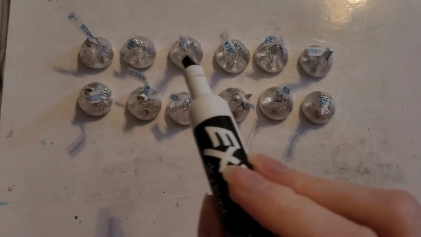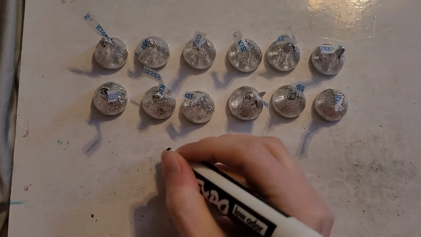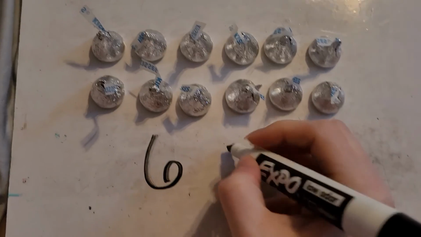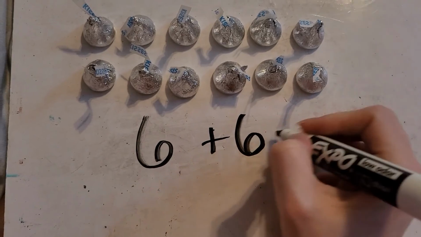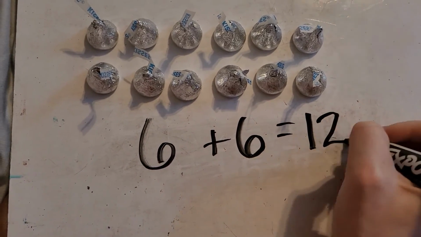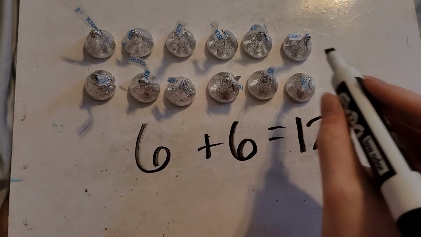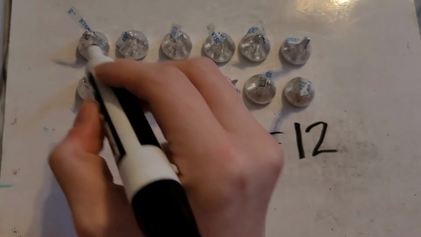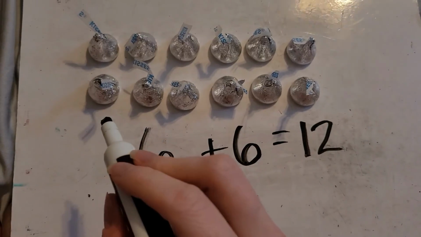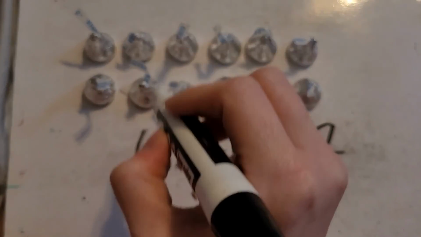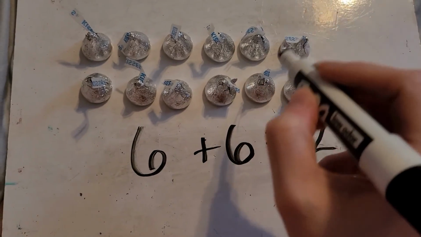All right, so I know I have 2 rows of 6, so 6 plus 6, that gives us 12. I have 2 rows of 6, so I must have 6 columns of 2. 1, 2, 3, 4, 5, 6.